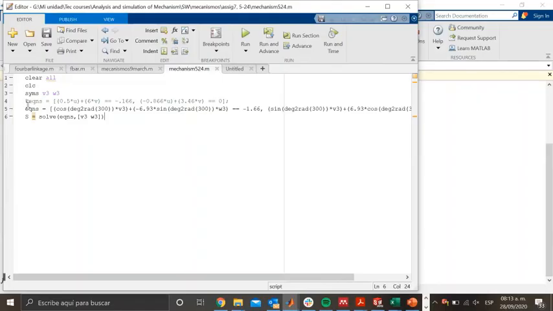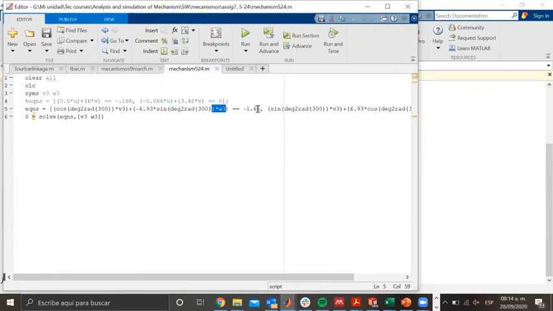Okay, I solved the system without substituting the values, so without calculating cosine of 300 and sine of 300. You see here, I have the two variables, B3 and omega 3, and I have cosine of 300 times B3, that corresponds to the horizontal part, then minus 6.93 times the sine of 300 times omega 3, that is equal to minus 1.66.